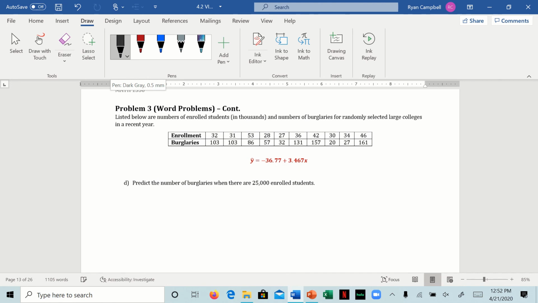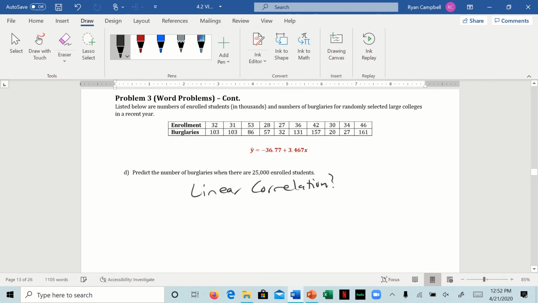Hopefully you said no, because the super secret question we ask ourselves is: is there a linear correlation? And how do you find that? Remember that was the second part. We would have to look at the p-value.